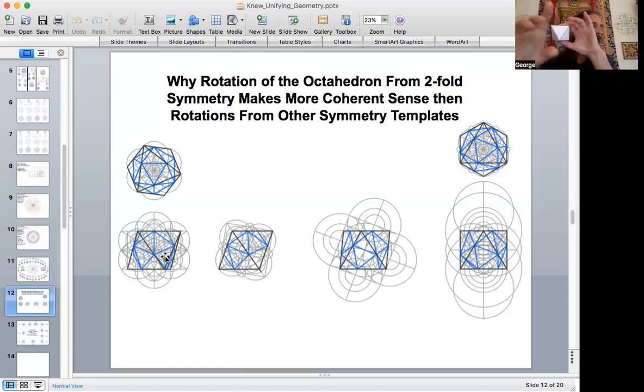Now, this orientation is essentially what a rotation would be like if the octahedron is inside a star tetrahedron like this. So in this star tetrahedron, we have an octahedron that is doing the same type of rotation that I'm doing.